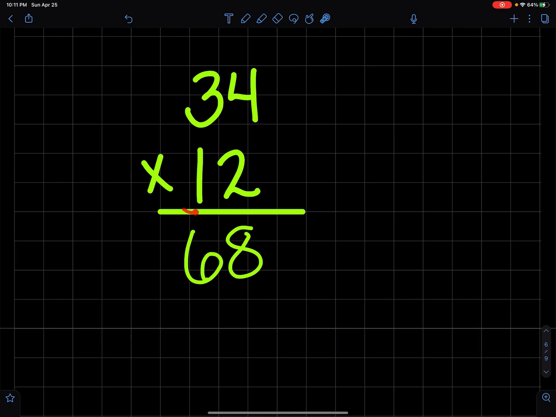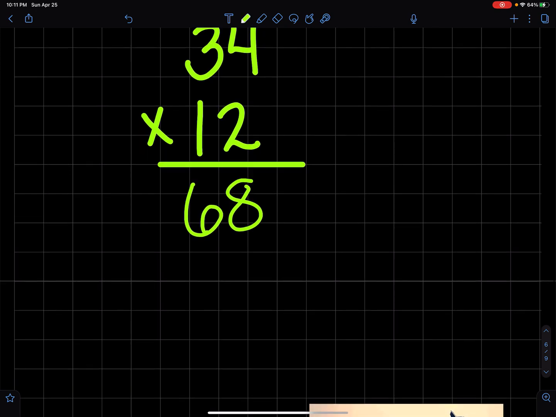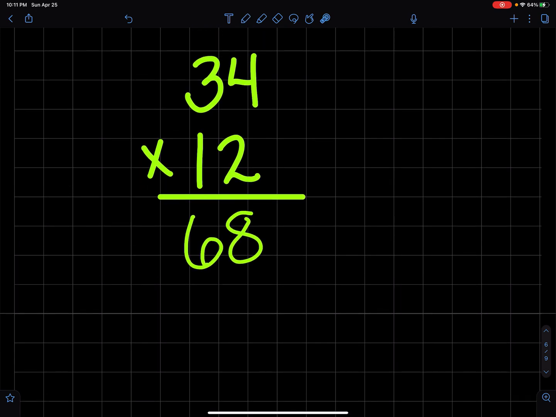Okay, now we're going to do times the tens. When we do 34 times the tens, it's basically just 34 times 1. You can just do 34 times 1. Or what I do is I take this number and I'm going to do 1 times 4. I'm going to write it here. 1 times 4 is 4. And then I'm going to do 1 times 3. 1 times 3 is 3.